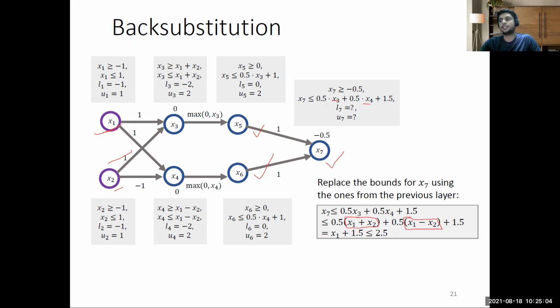That is why in practice, in the code, they go back around 2 to 3 layers and then substitute the bounds from there. So in this case, we went back 2 layers, and now we have the expression for x7 in terms of x1 and x2.